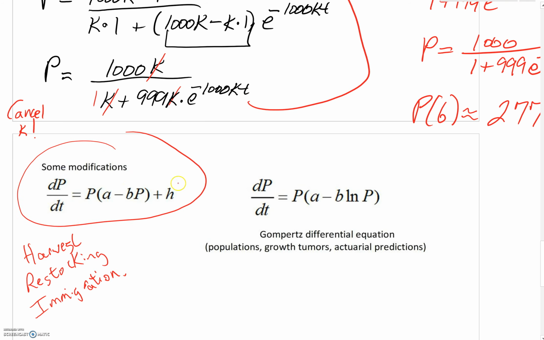Harvest and restocking, they might give you an additional plus h. Gompertz's differential equation, some students might be interested in actuarial science or even in cancer research, like with growth of tumors and mathematical applications in biology, biomathematics. Things like that can definitely have applications as well.